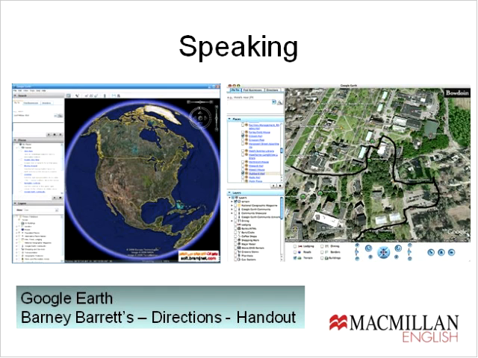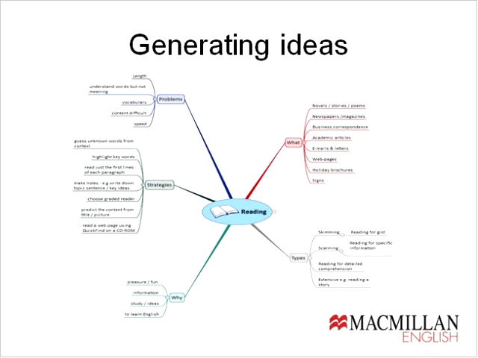Really, really nice way to do directions. And so if you're interested in the handout, the link is on the website, so do have a look at that. You can print that out, and it's a great idea from Barney.